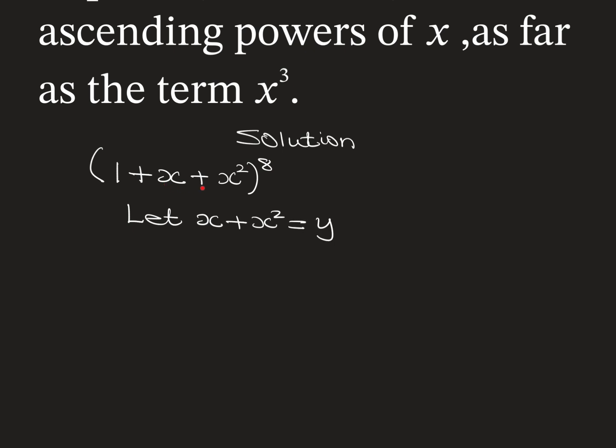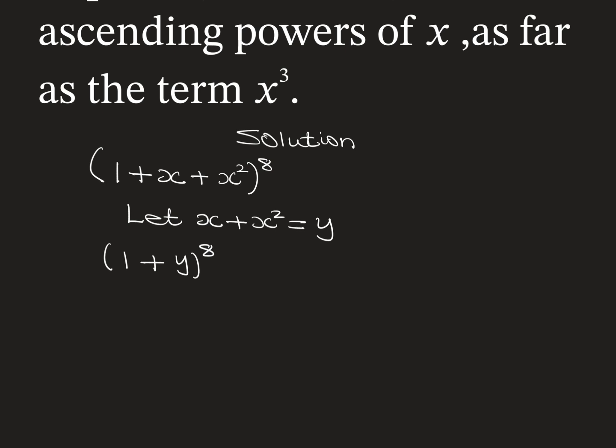That is the whole of this expression. If we do that, then we'll have (1 + y) to the power 8. So this would be a binomial that is simple to expand.